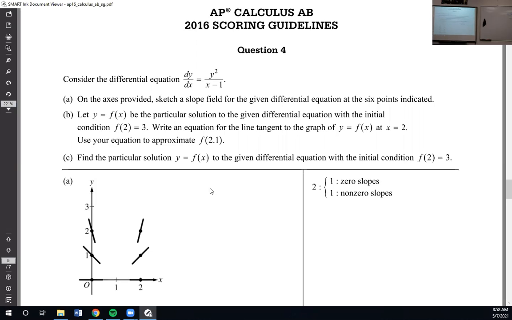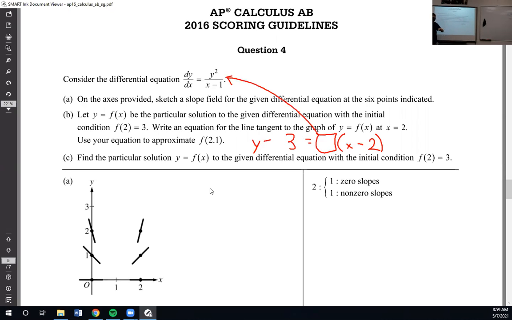Then it says, write the equation of the line tangent to the graph. We have the point (2, 3). So we need the slope at that point in order to get our tangent line. Remember, that's going to be y minus our y coordinate equals the slope times x minus the x coordinate. So our y coordinate is 3 and our x coordinate is 2. We need our slope. What's going to help us do that?